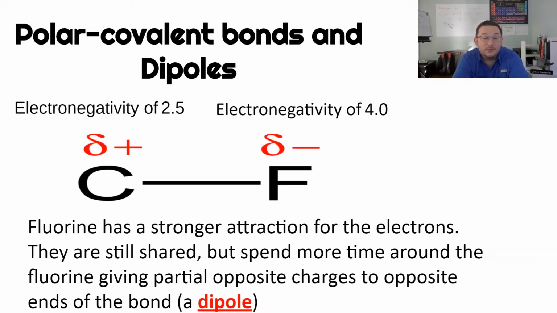We are not going to dive into dipole moments and things like that. We would just simply say, oh, since this is a polar bond, this has a dipole. This has a dipole moment, which is just acknowledging that there are two poles, one positive and one negative. All right, so there's a difference in charge across that bond or that molecule. That's all that's talking about.